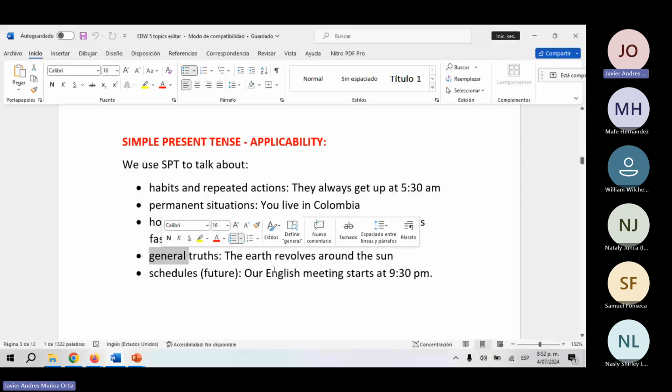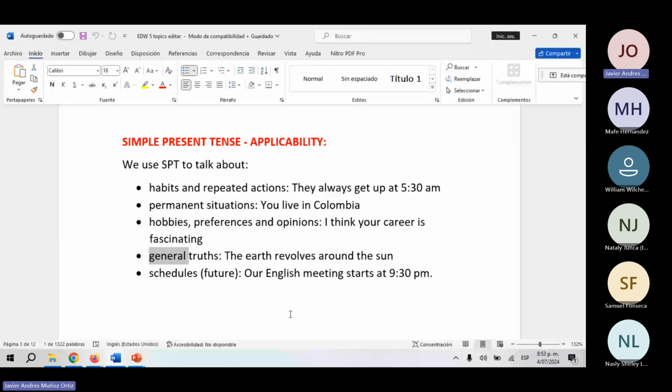Example of this, a general truth. In the past, we believed that the Earth, the planet Earth, was flat. That's what we believed. We know that's not true now. But Galileo Galilei had to face the wrath of the church, because according to the church, the Earth was the center of the universe.